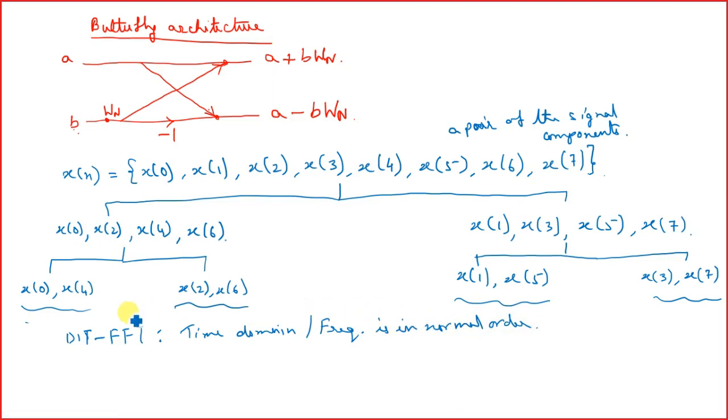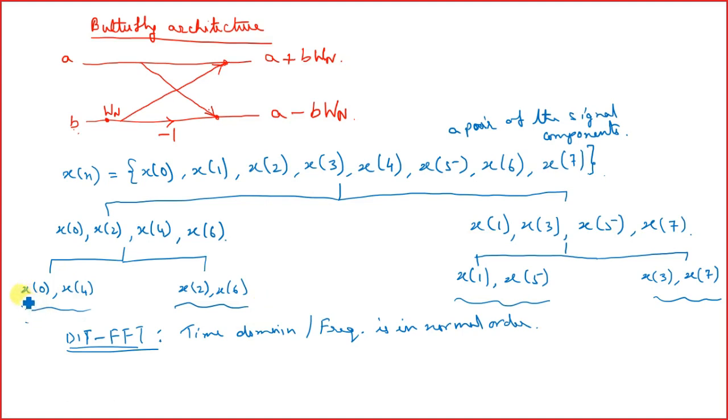Okay. In DIT FFT, the time domain is in the decimated order. Okay. Decimated order. I am talking about decimated order. So what is the decimated order?